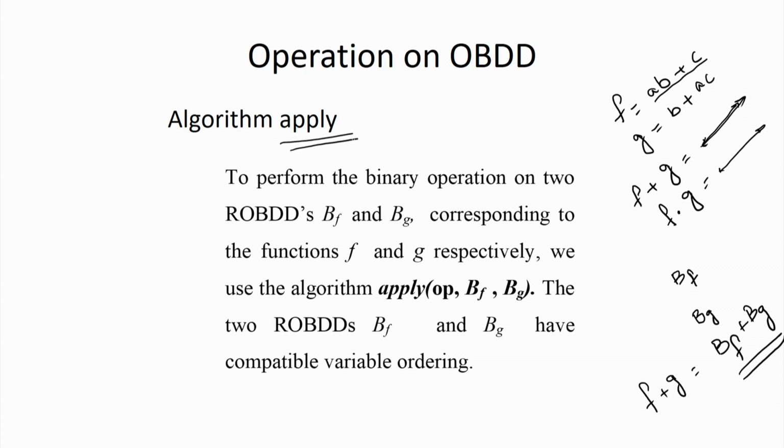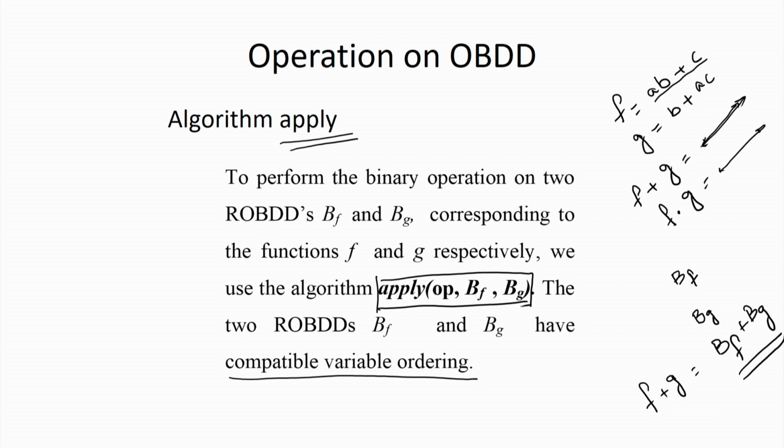Apply is the common method, and apply has three parameters: apply, OP, Bf, Bg. Bf is the BDD representation of function f, Bg is the BDD representation of function g, but in that particular case both BDDs should have compatible variable ordering. If the variable ordering is different, then we cannot use this apply method.